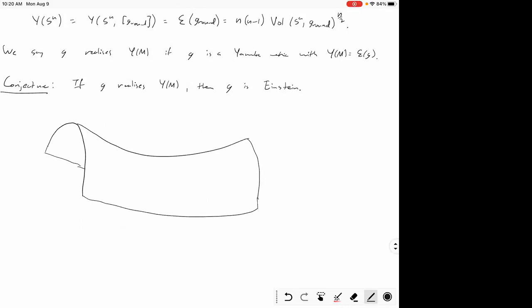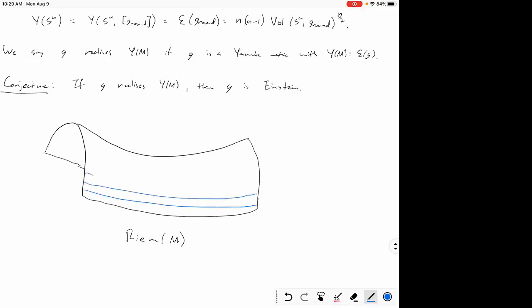Here is my space of Riemannian metrics on my manifold M. And I've got these equivalence classes inside of it, which are the conformal classes of my metrics. So I'm going to draw them like this.